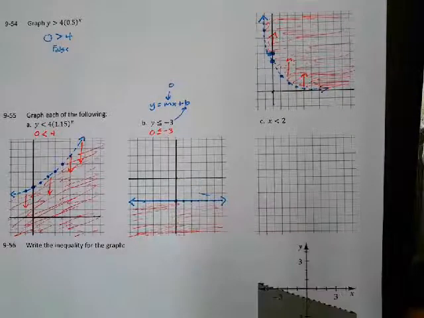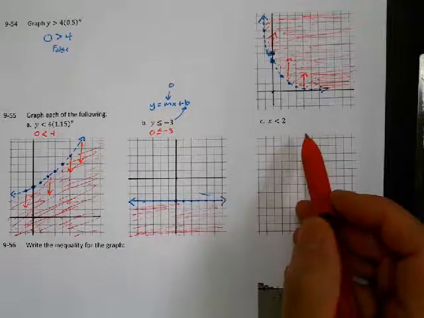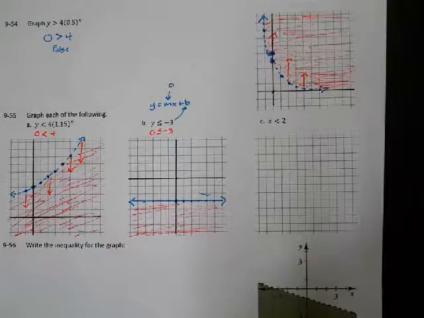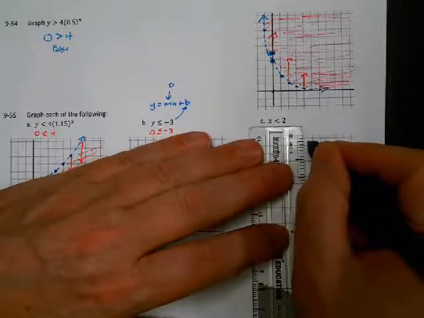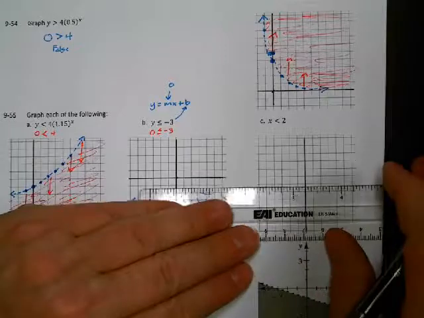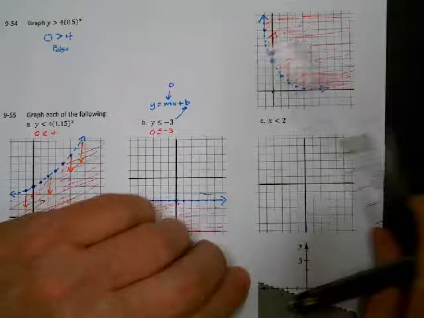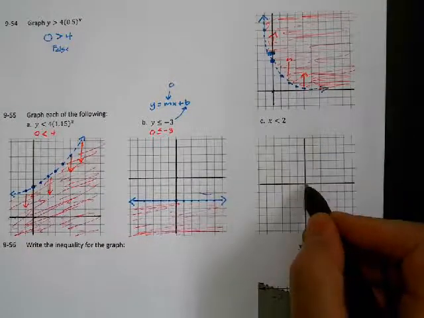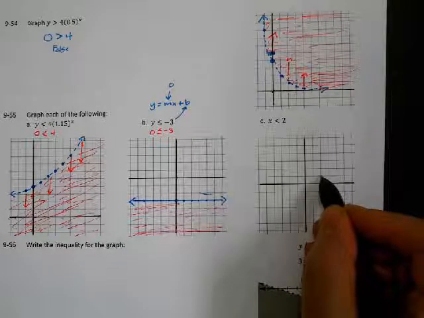Now the other one's the opposite. This one says that x is less than 2. Okay, so this one is not even in slope-intercept form because there's no y. So how are we going to deal with this one? On this particular one, if x is 2, so over 1, 2, what could y be? Could y be 1? Yeah, it could be 1 because there's no place to plug in the y over here.